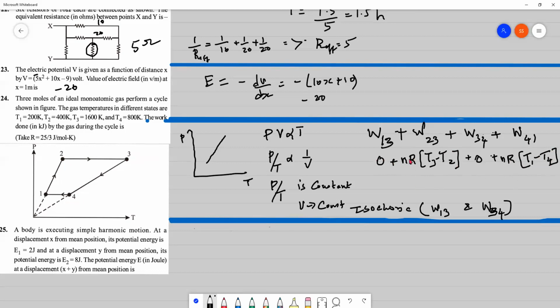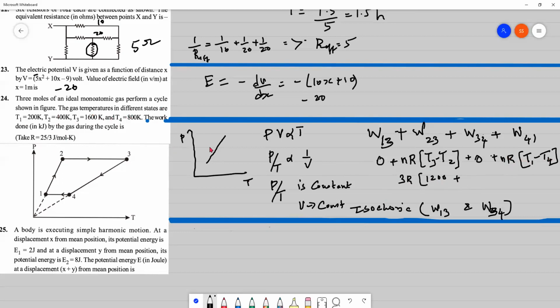So n is 3 moles, given initially itself. So 3R times T3 minus T2. T3 is 1600, T2 is 400, so this becomes 1200. This is also nR, 3R times T1 minus T4. T1 is 200 minus T4 is 800.